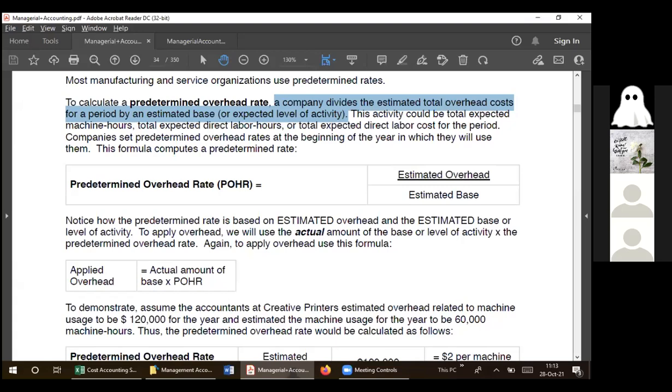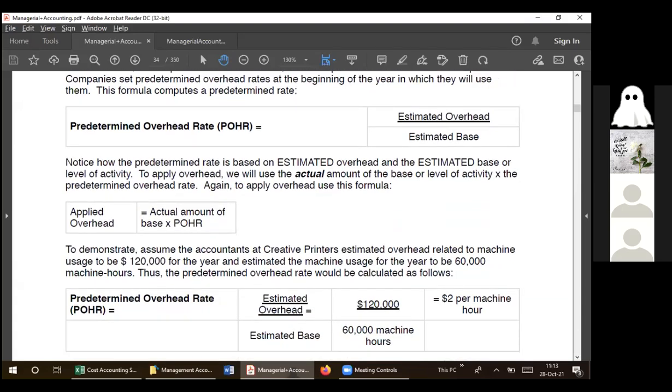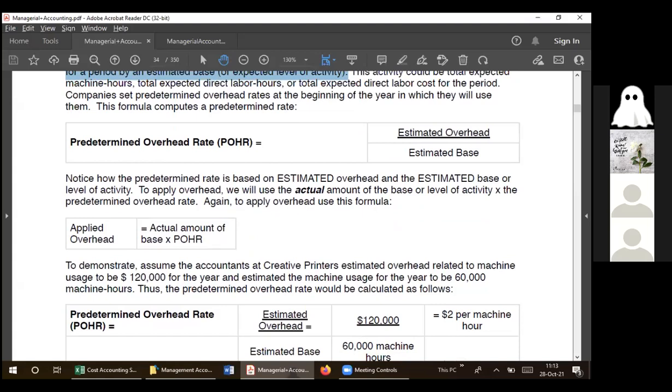So level of activity in this case could be how many units will be produced per unit of time.